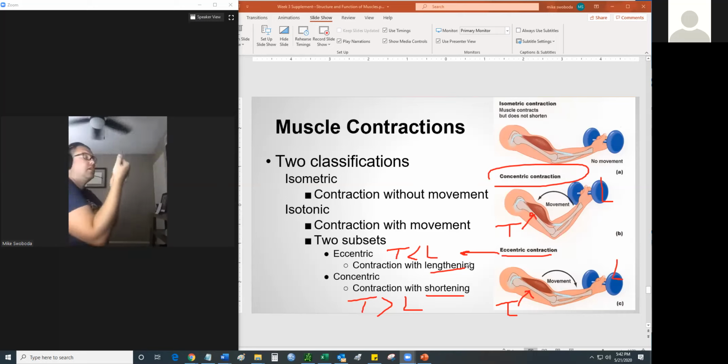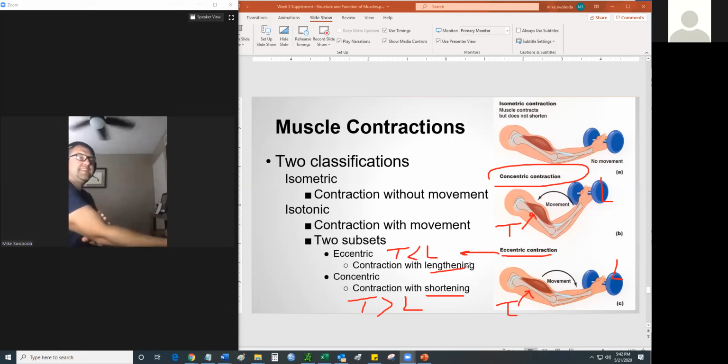Now, if the load on my dumbbell here is greater than what I can produce, it means that the force I have for my arm is less than the load here. I cannot hold that load up, and my arm will lengthen, or the muscle will lengthen.